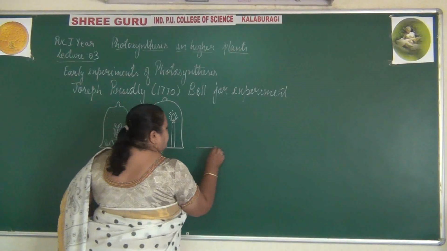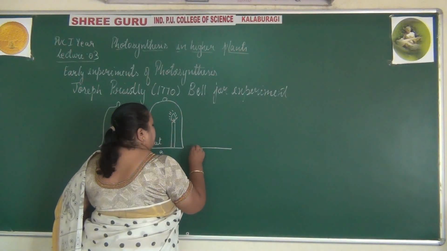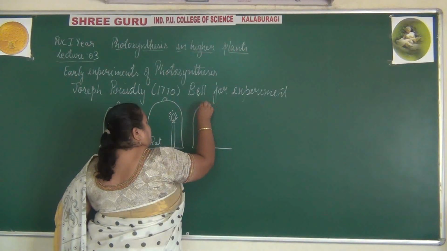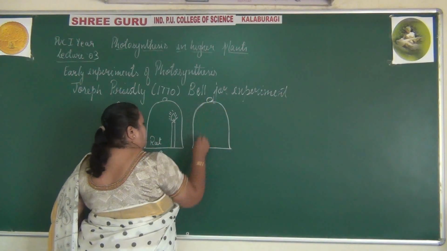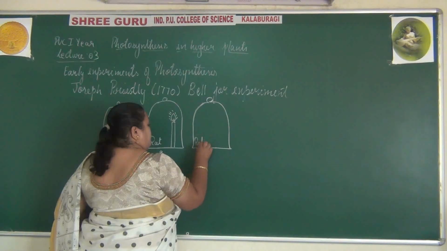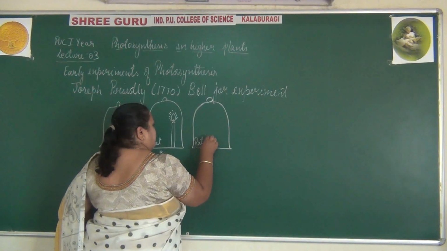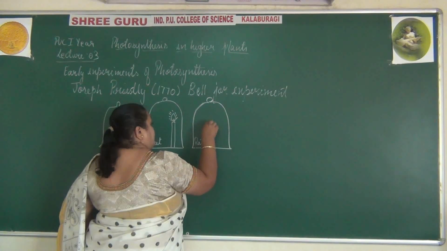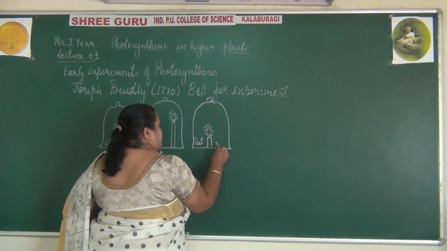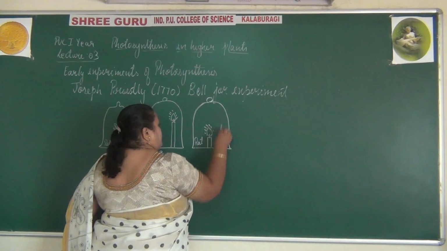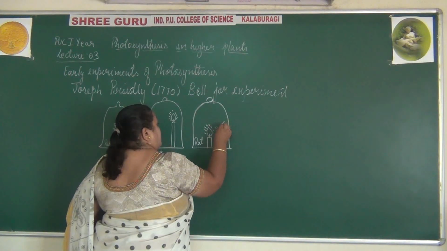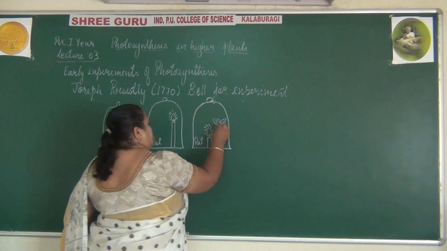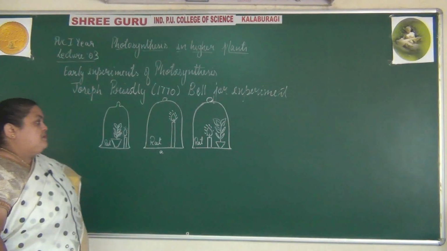In the second setup, he placed the rat, a burning candle, and the mint plant.